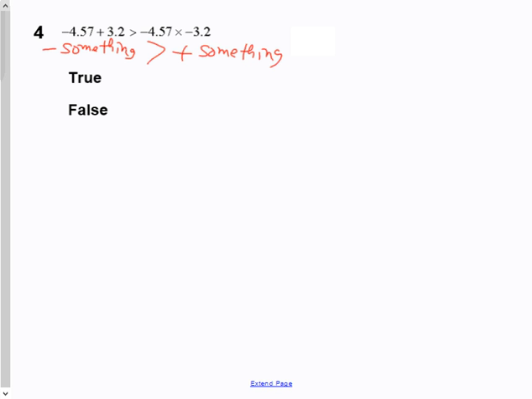Using just sign rules, that's a positive something. So it cannot be true, because a negative something can never be greater than a positive something. For those of you who actually worked it out to a number, please make a note of the way I showed you, which makes a lot more sense and saves you a lot of effort on your part.